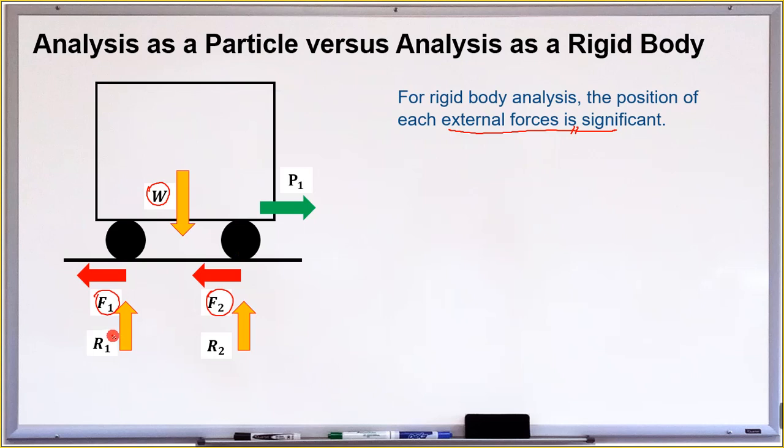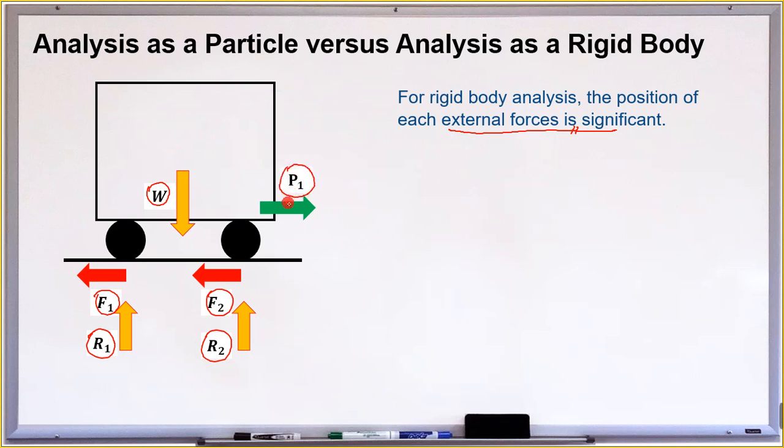Okay, and what else? Since our body is resting on top of, or is moving on, the surface, therefore we have a normal force, or we call that the reaction force. And we have two because we have two rollers. So we have R1 and R2. What else? The force that makes this rigid body move is the applied force, and we denote that as P1.